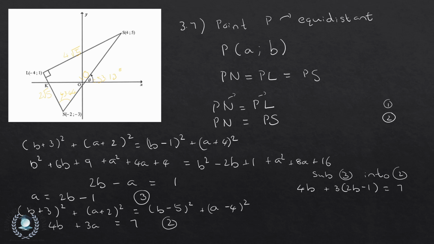And we will find that b will be equal to 1, and a, when we substitute what we have for b into equation 3, a will be equal to 2 minus 1, so a will be equal to 1. So our coordinates for P are 1 and 1.